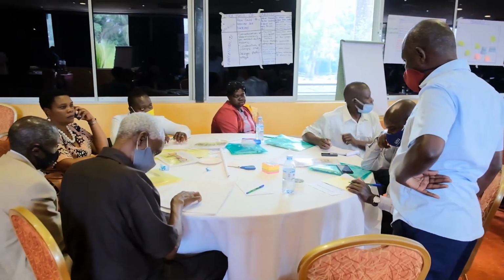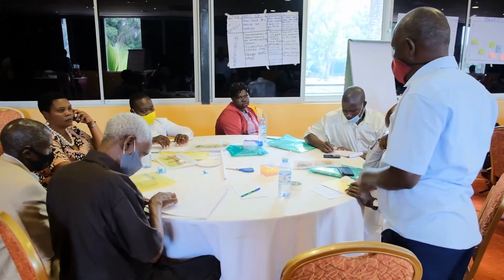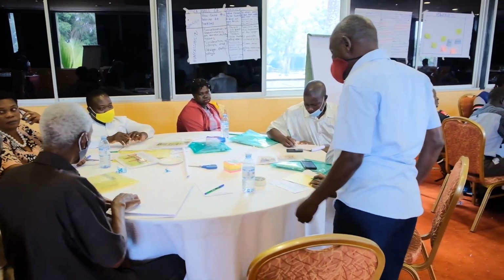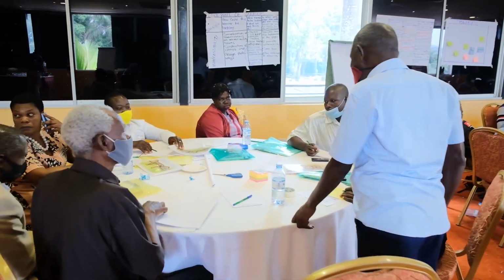Different facilitators have been trained, including those with visual impairment, and I have been one of those that have been training the other facilitators. As a person or facilitator with visual impairment, we have been trained to be very resilient, to be confident, to be assertive, but also to know our audience.